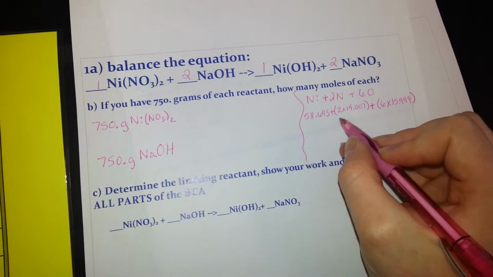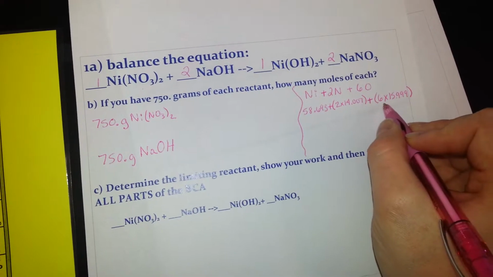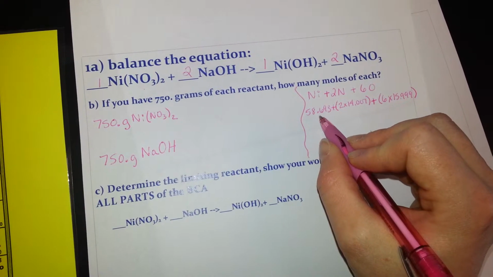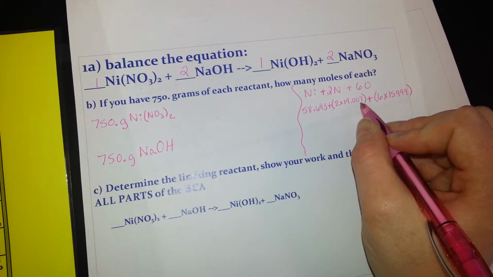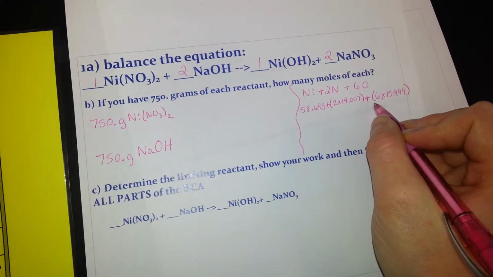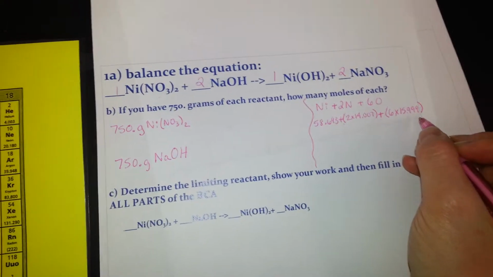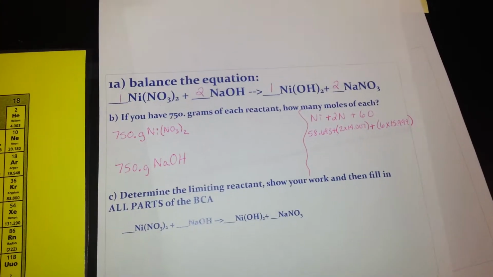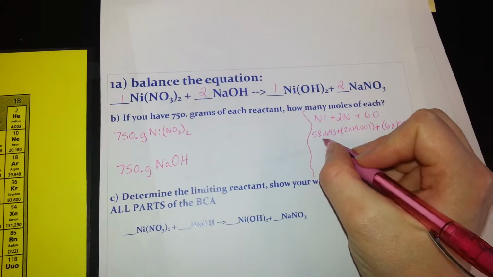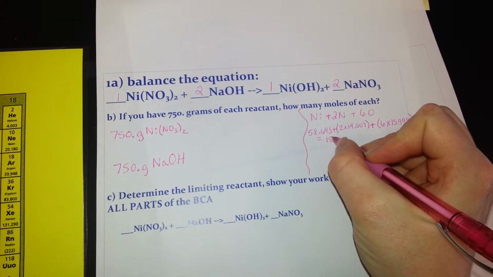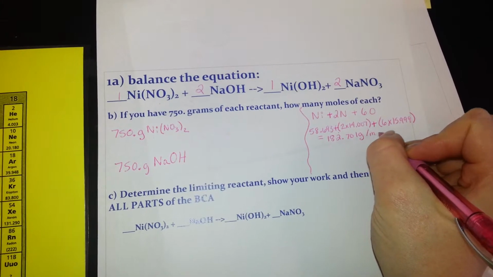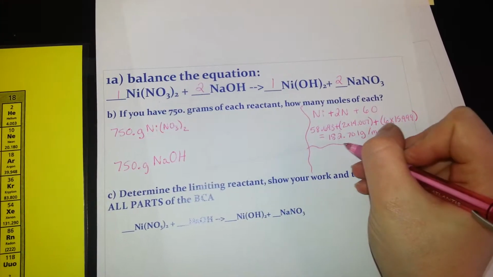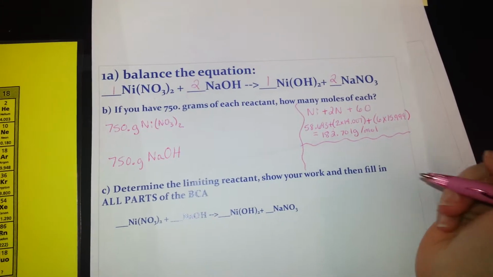Now, if you use your parentheses and you put this in your calculator straight, just how it looks, 58.693 plus parentheses, 2 times 14.007, close parentheses, plus parentheses, 6 times 15.999, close parentheses. When you put that in your calculator, it gives you the molar mass of 182.701 grams per mole.